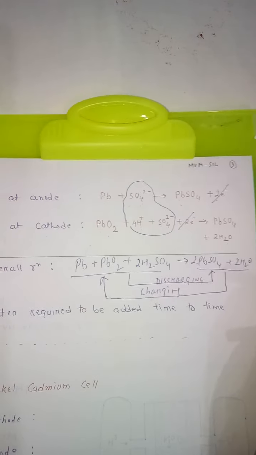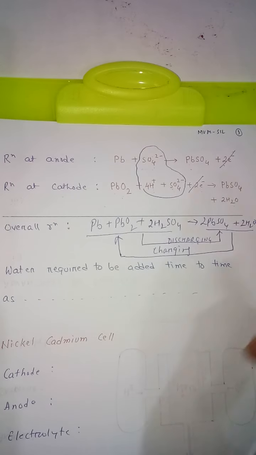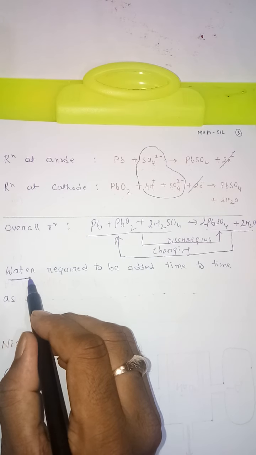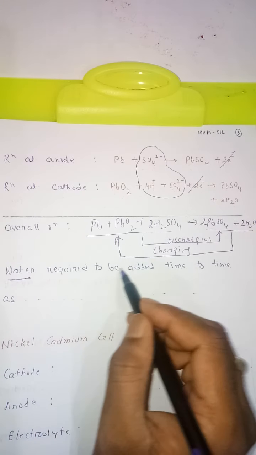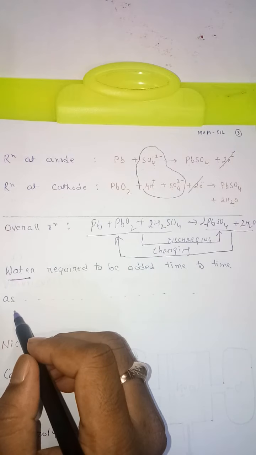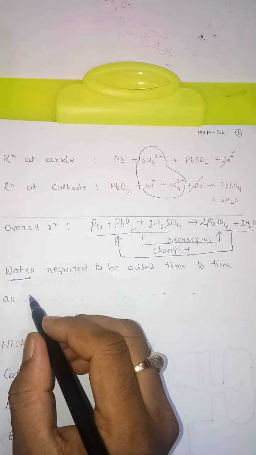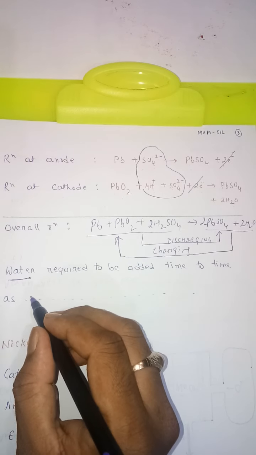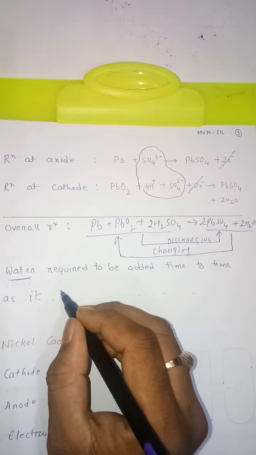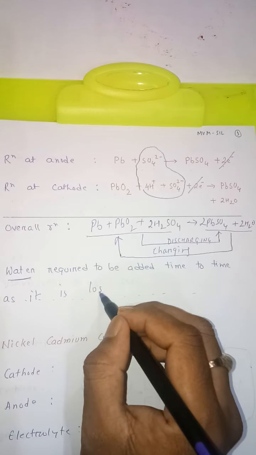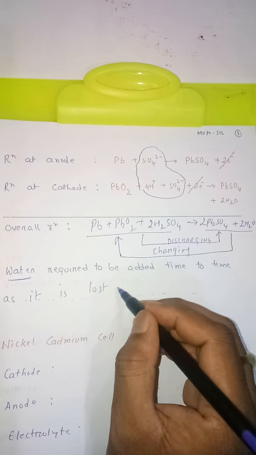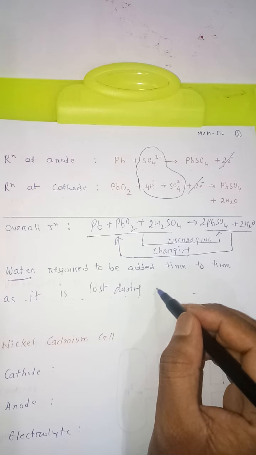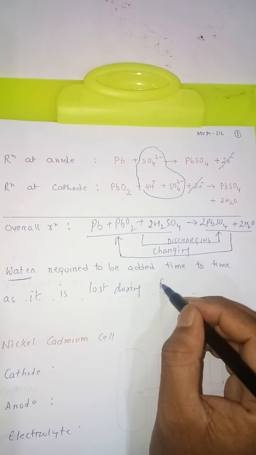So this reaction takes place like that. Now one more point I want to tell you: we know that we have to add distilled water. The water needs to be added from time to time as it is lost during electrolysis.